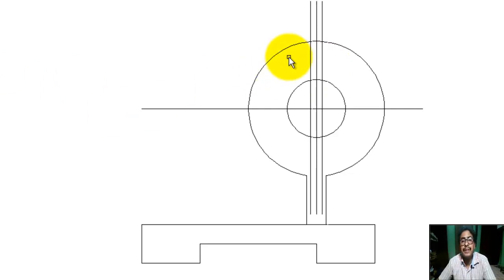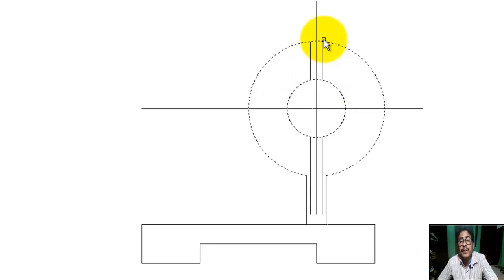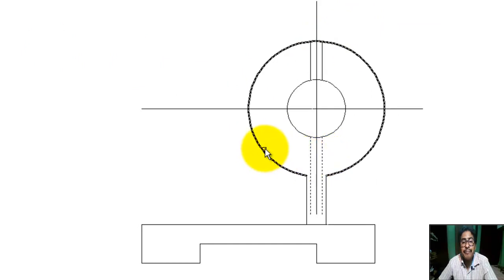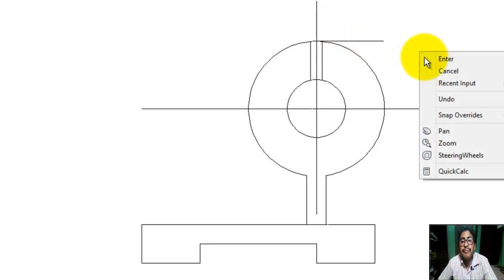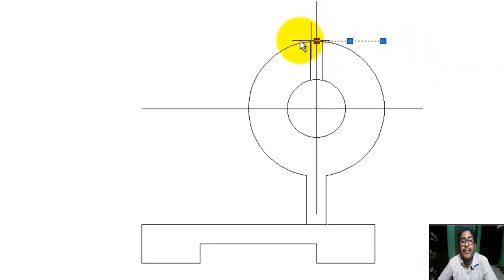now trim this portion, trim, select object, enter, select object to trim, select object to trim. Now erase this line and this line. Okay. Now we draw a line.